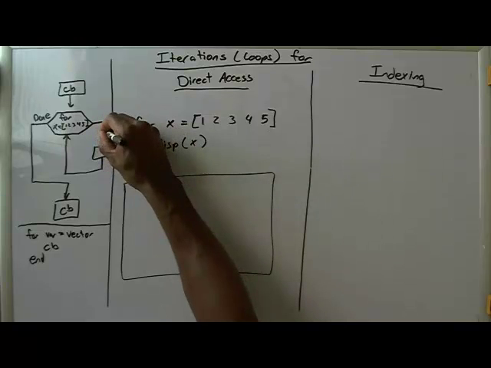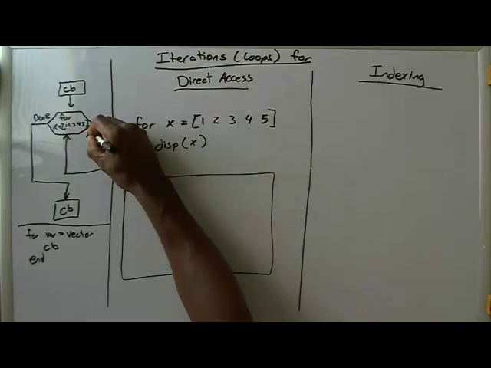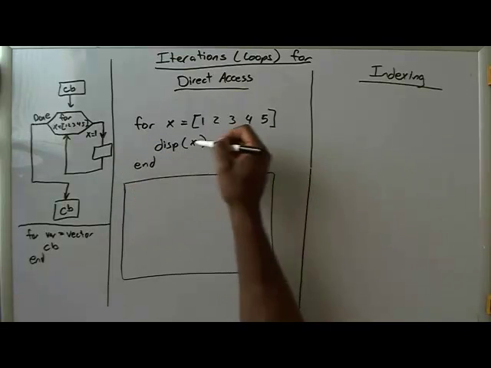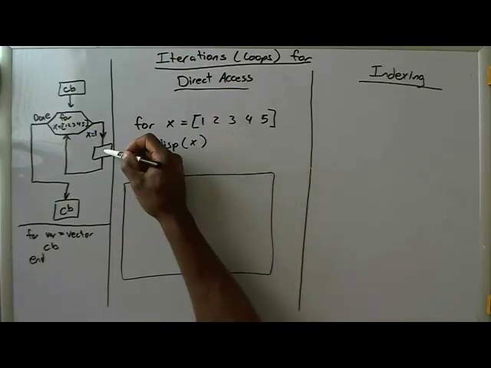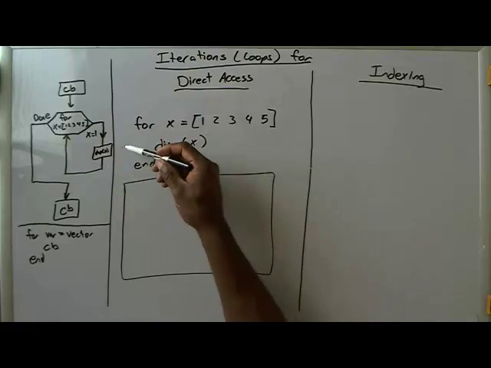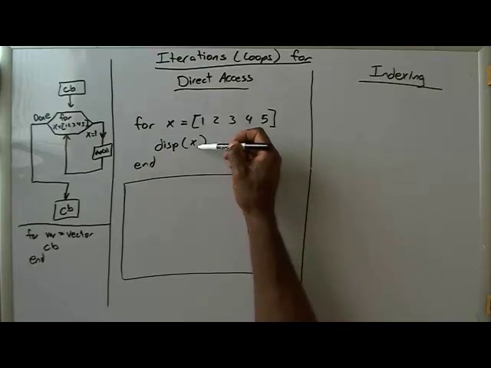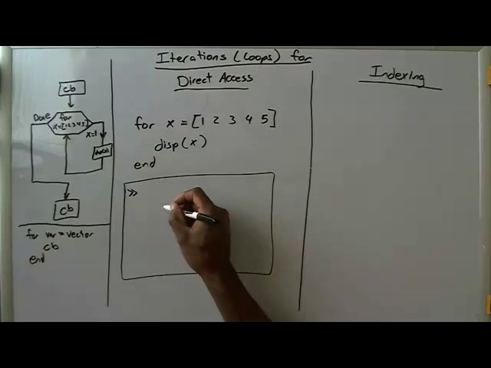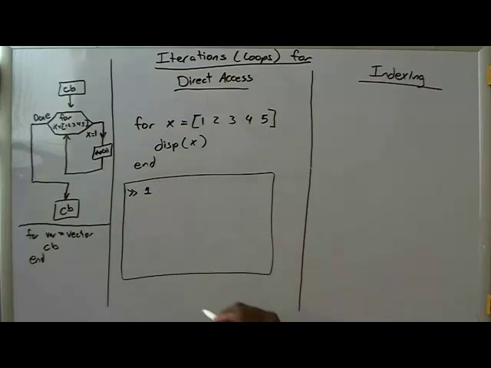Then I do my code block, which in this case is display x. So now I display the value of x. The first time through, x equals 1, so inside the command window, the value 1 gets displayed.